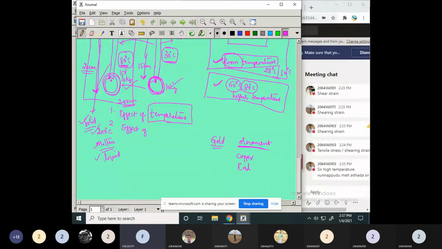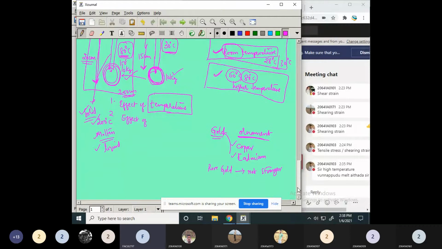So these metals he is going to add inside the gold. So what is the reason here? If you take pure gold, it will not be stronger. It is not stronger, and you can break it very easily.